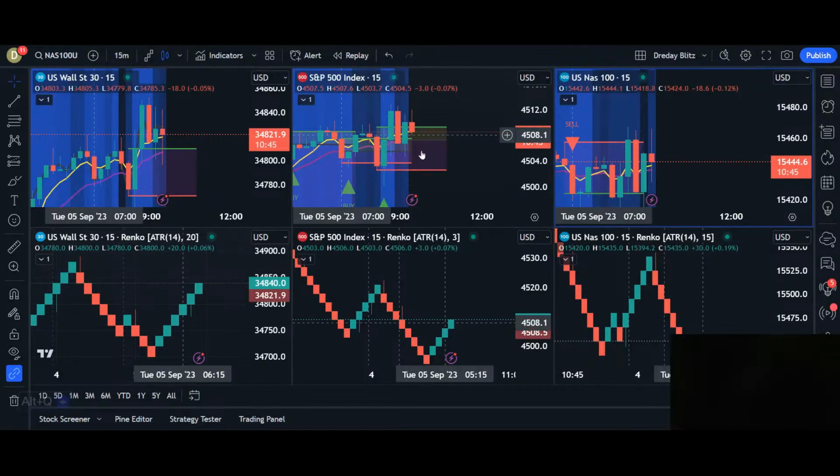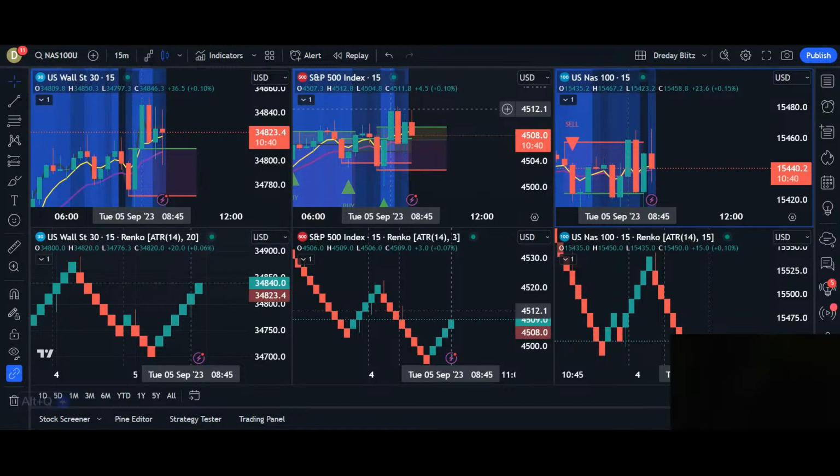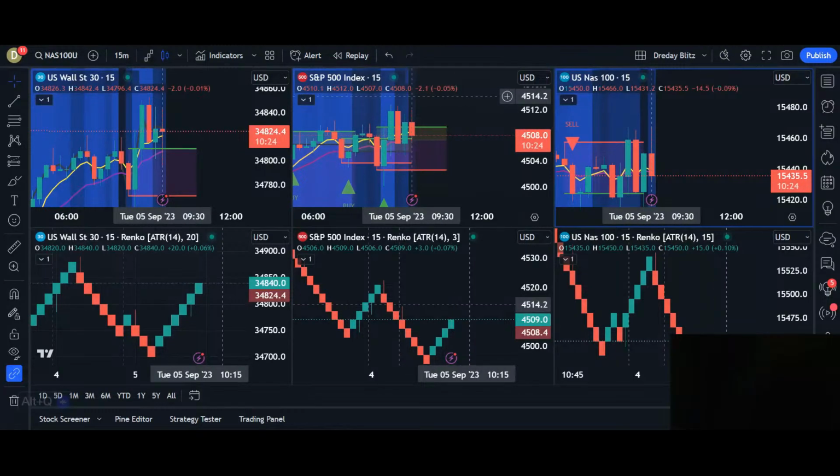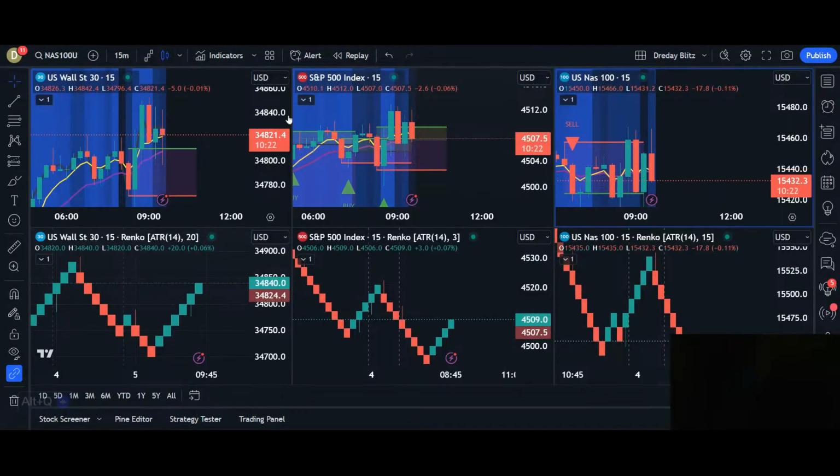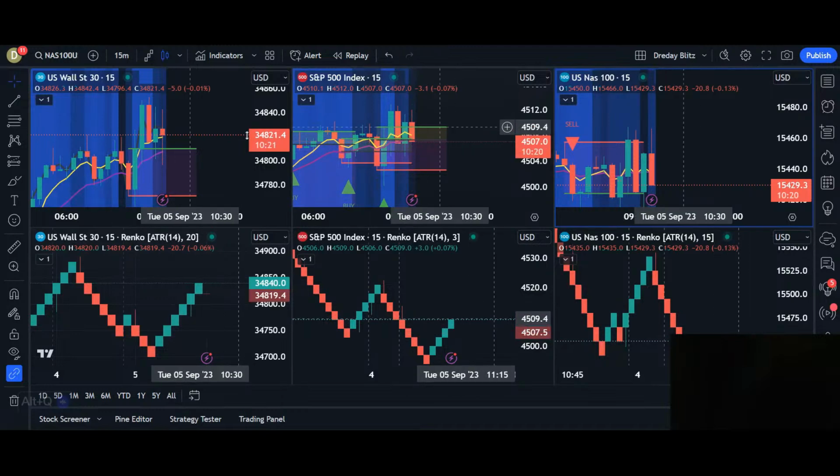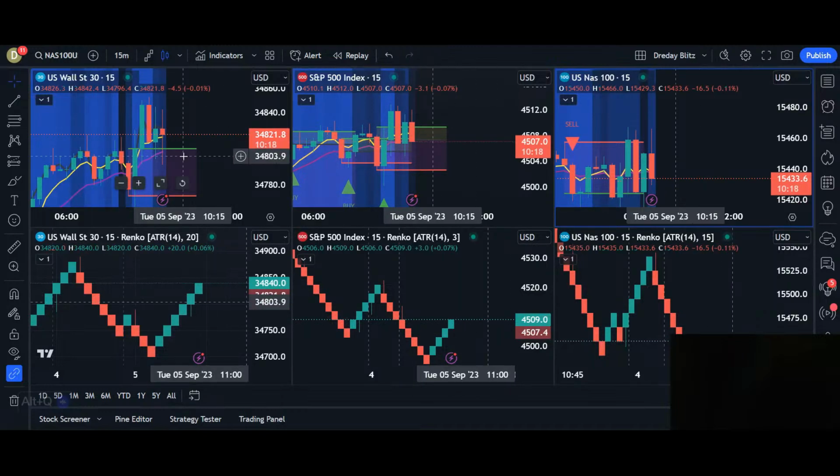If the color is more vivid, that means there's a higher chance of bigger volumes in that area, and if it's lower, there's a lower chance of volume in the area. So for now, we can see that there's some volume currently.